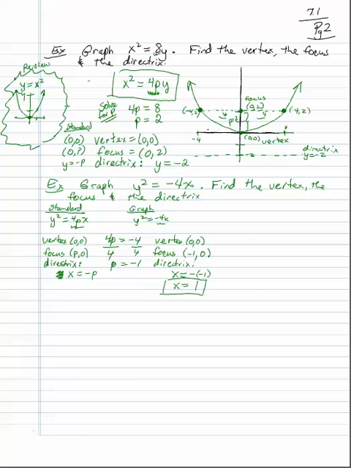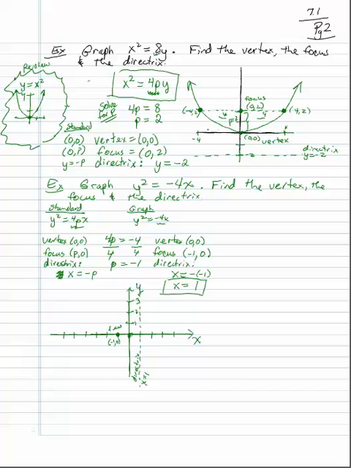Alright, now we're ready to graph this thing. Okay, so vertex 0, 0. My focus is negative 1, 0. So here's my focus. Directrix is x equals 1. So x equals 1, that's my directrix.